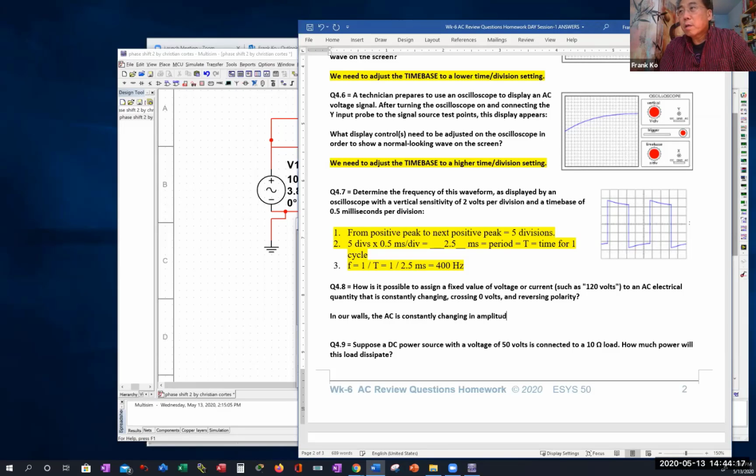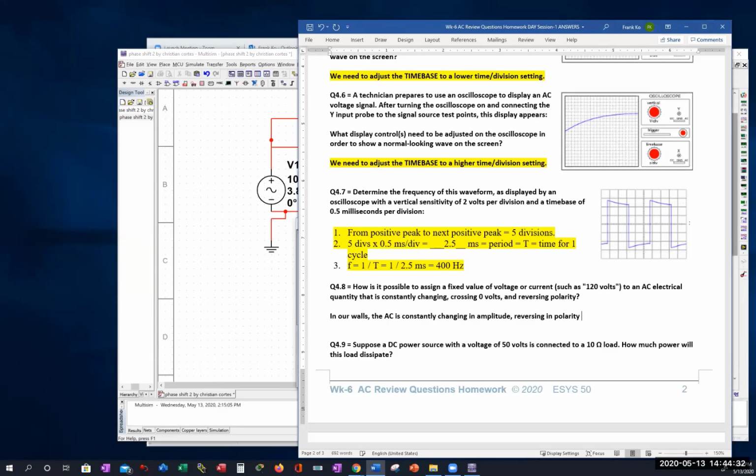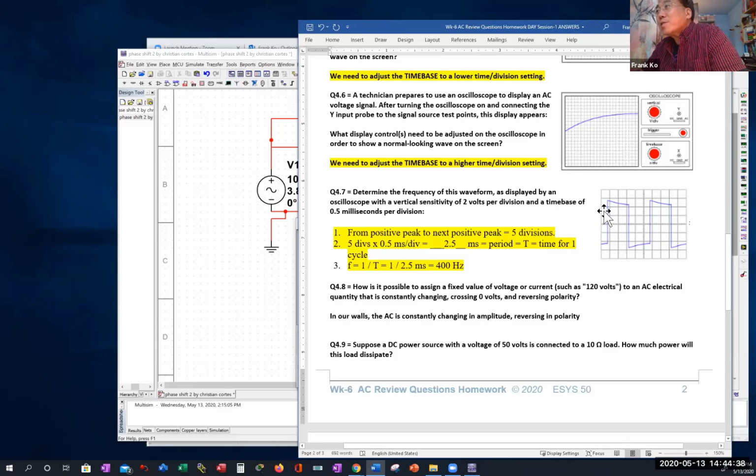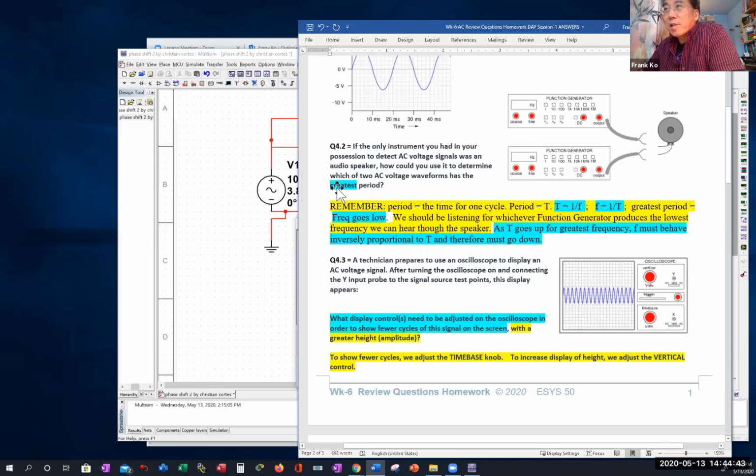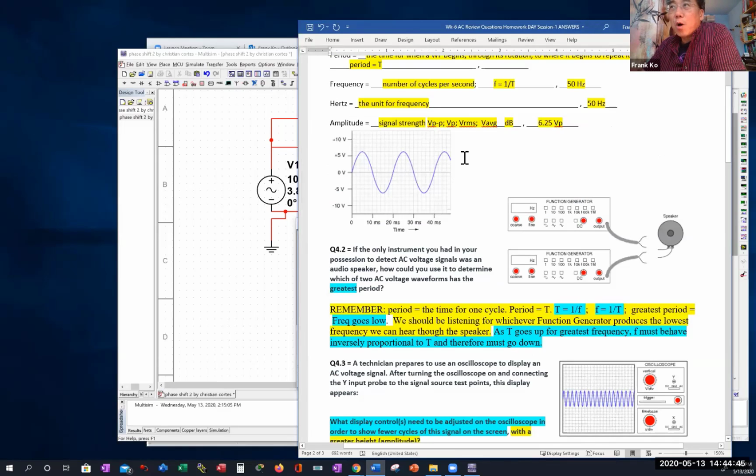Spell this correctly: changing in amplitude, reversing in polarity. So as it's constantly changing in amplitude, like this waveform, our AC is a sine wave like this. That's what you have in the walls.